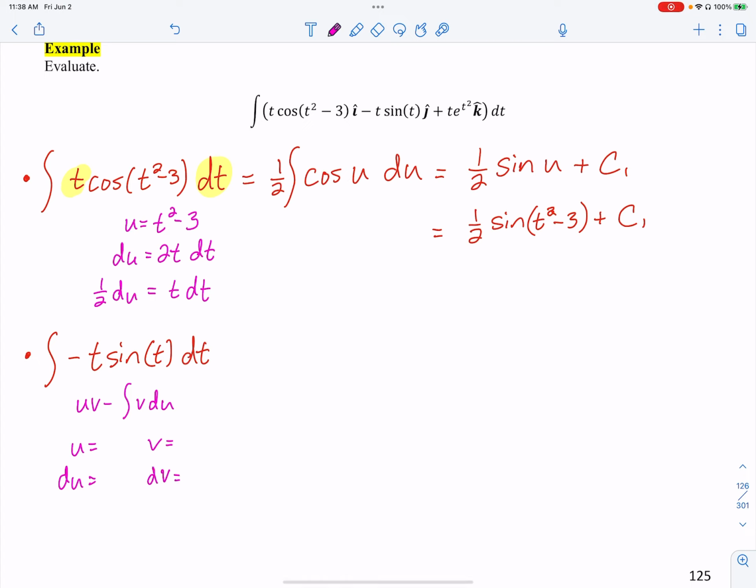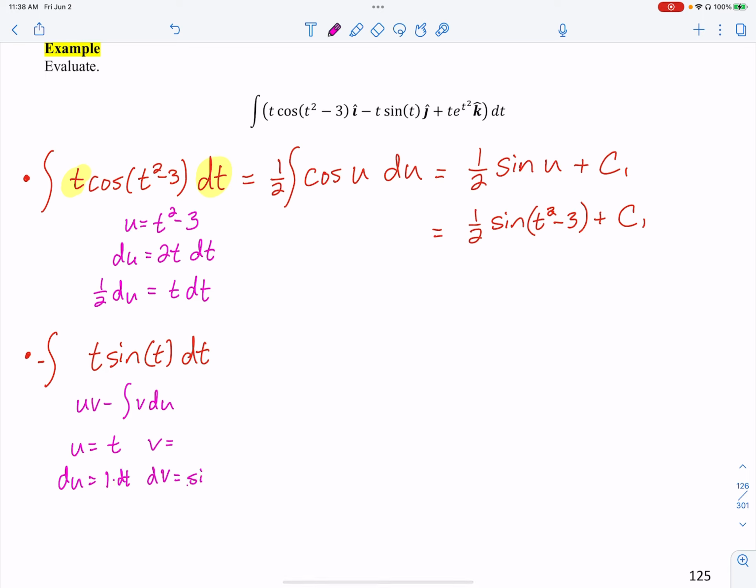The point of integration by parts is you want to let u be something that can be taken away by a derivative. I'm going to take this negative that's out front and move it way out front. That way I don't have to deal with it. So I'm going to put a t here. The reason I knew to put a t there is because I know the derivative is 1 dt.